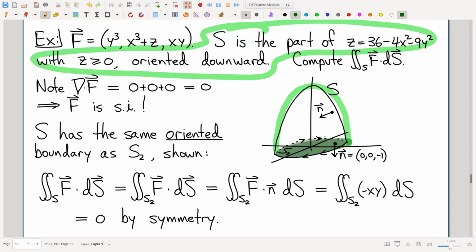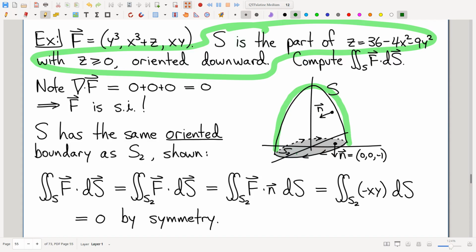And it's very, very important to see the difference between all of these things. So in particular, let's take a careful read of what this question says. S is part of this paraboloid. Hopefully you recognize from chapter 2, this is an upside down elliptical paraboloid. Remind yourself if necessary. S is part of that paraboloid.